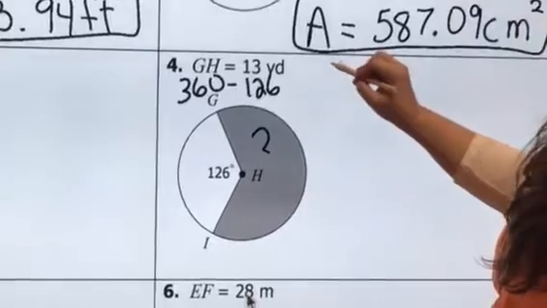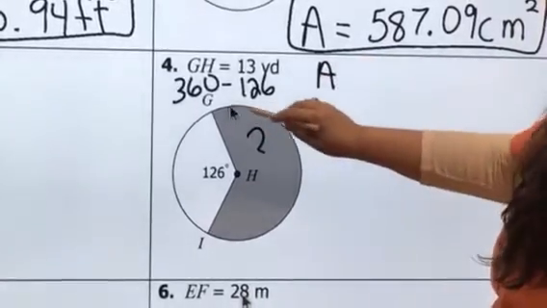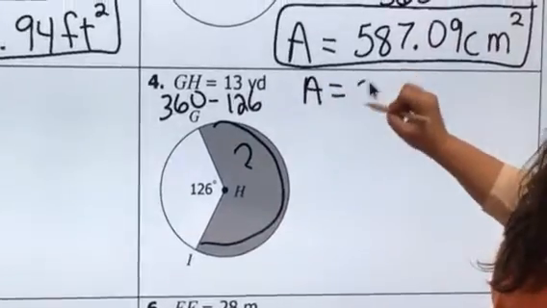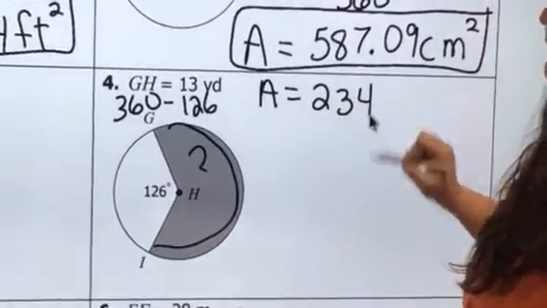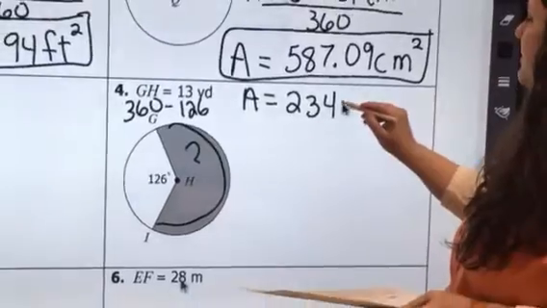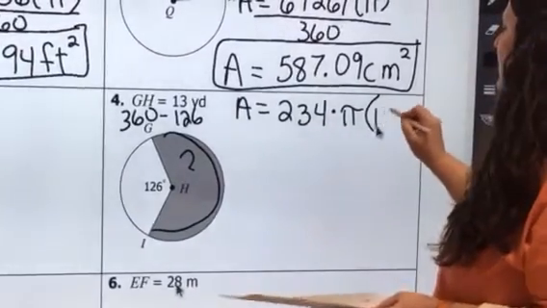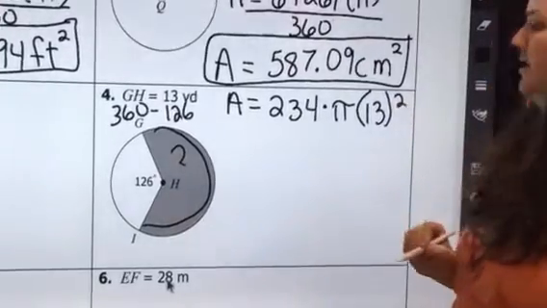What we come up with for the shaded portion would be 234. So it's going to be 234 times pi times our radius, which is 13 squared.